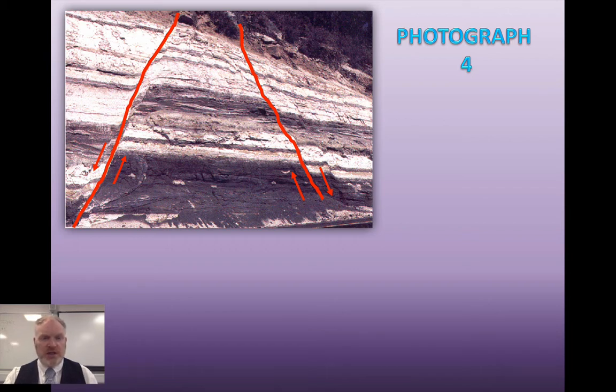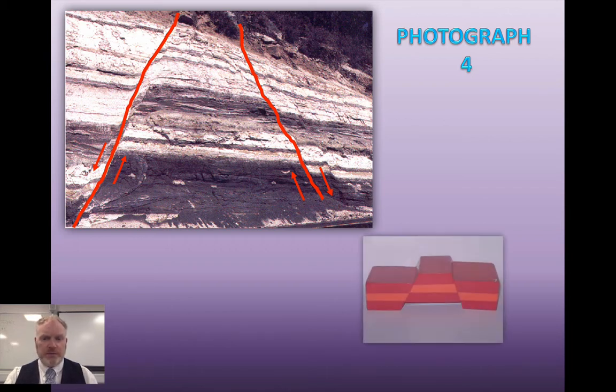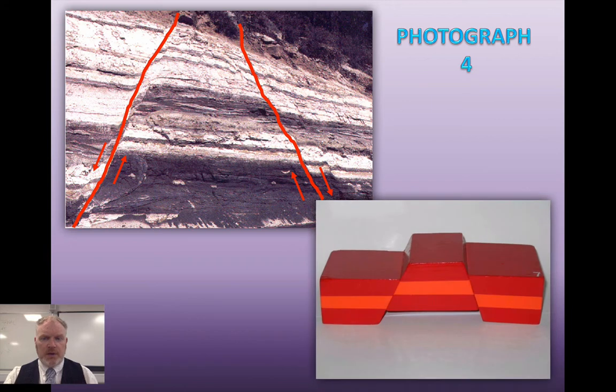The 2 blocks either side have moved down. So we get a feature that looks a little bit like this. Now, if we look at where the down throw side is, both of the down throws shown here are hanging walls. So both of these faults are normal. This would be formed by crustal tension, and it creates a feature we call a horst.